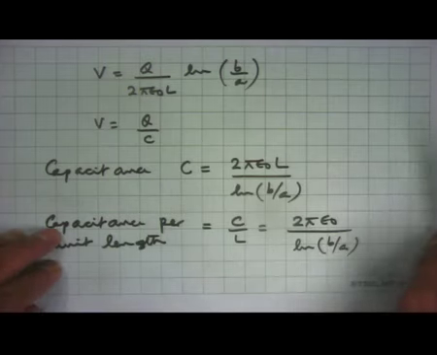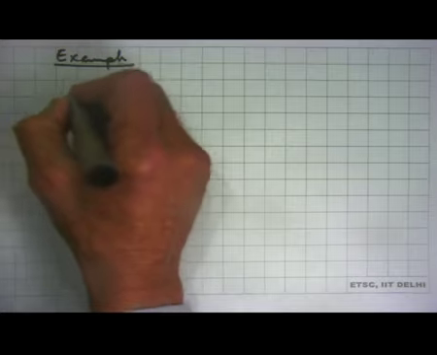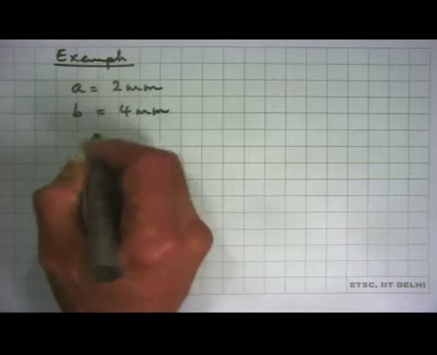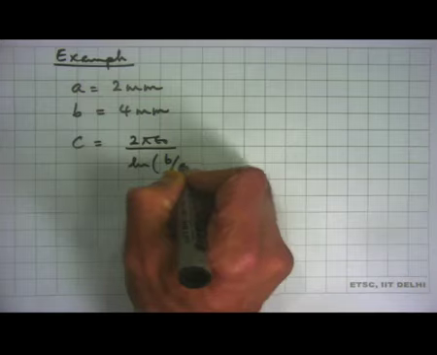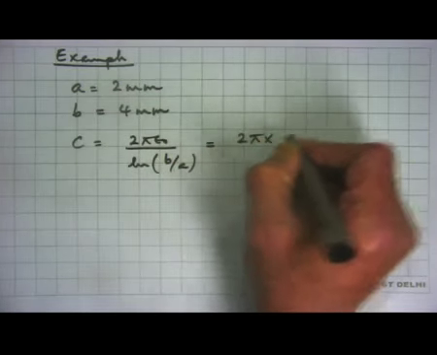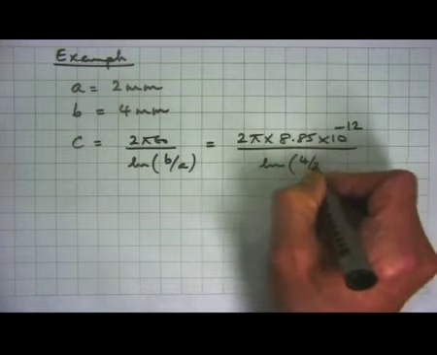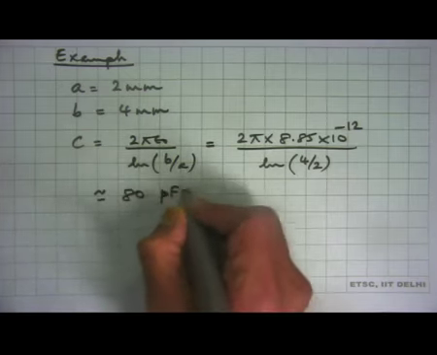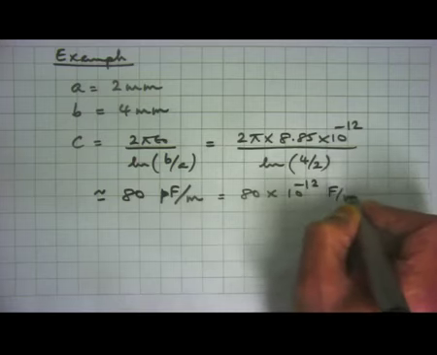Now, let me take some examples here. Let me take an inner radius of 2 millimeters, an outer radius of 4 millimeters, and so the capacitance C is equal to 2 pi epsilon 0 by ln b by a, which is equal to 2 pi into 8.85 into 10 to the minus 12 by ln of 4 by 2, and you can estimate this to be approximately equal to 80 picofarad per meter, which is actually 80 into 10 to the power minus 12 farad per meter.